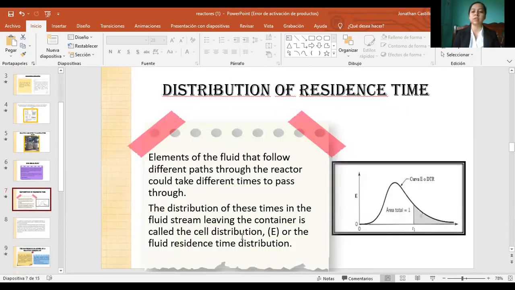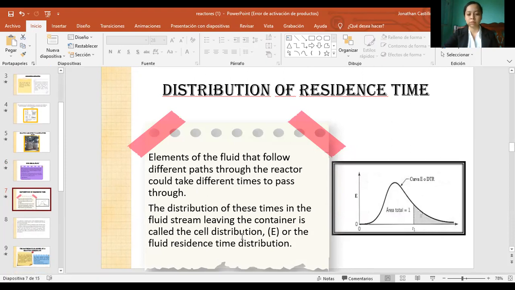Distribution of residence time: elements of the fluid that follow different paths through the reactor could take different times to pass through.